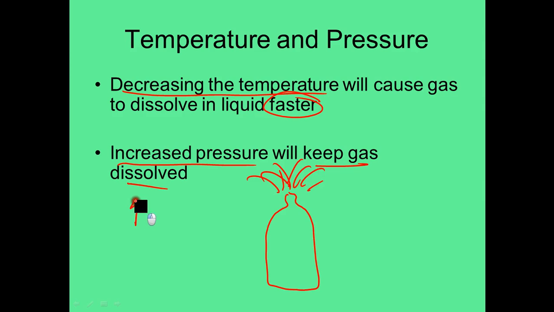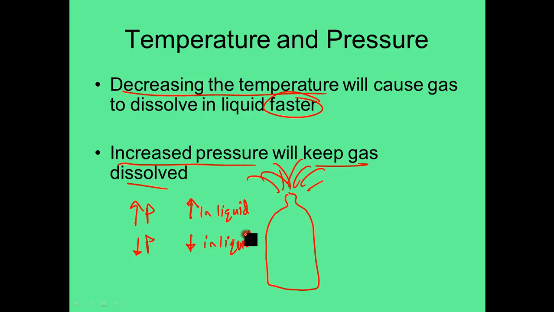So this is increased pressure, keep the gas in the container, whereas in liquid, increased pressure, a larger amount in liquid, decreased pressure, a smaller amount in the liquid.